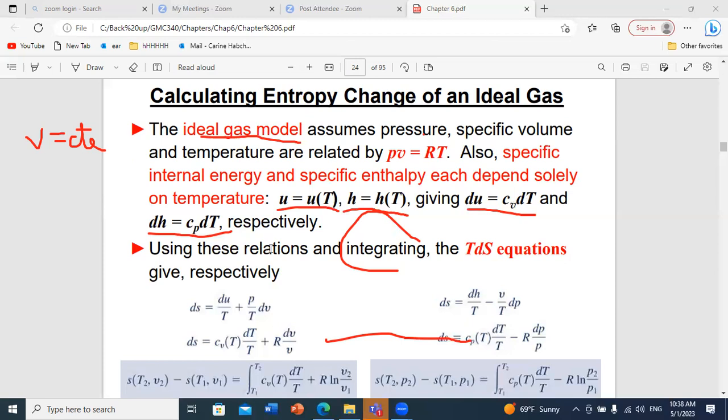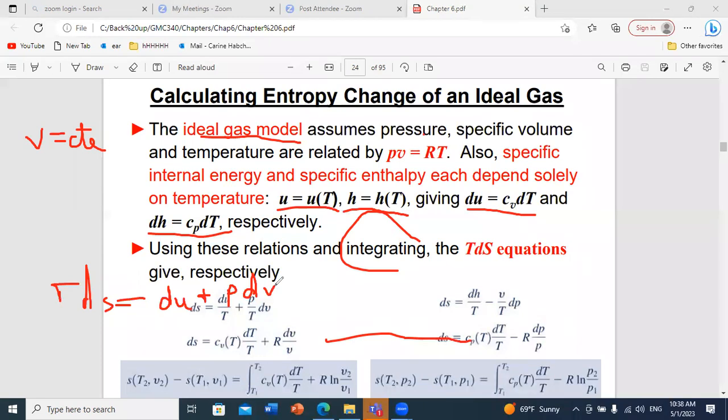We have two relations that we can apply, or we can say TdS equals dU plus PdV.